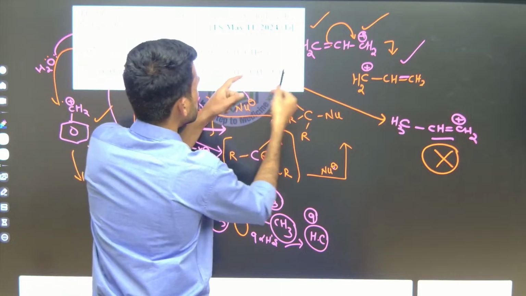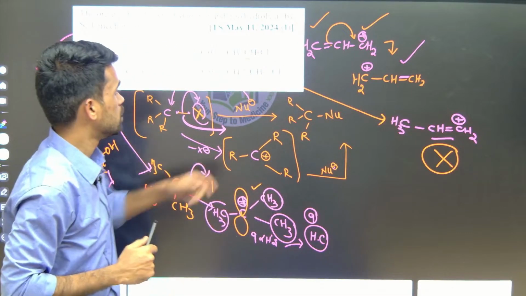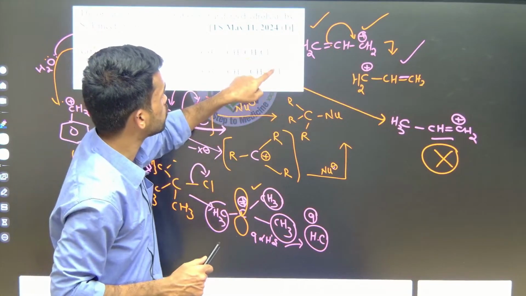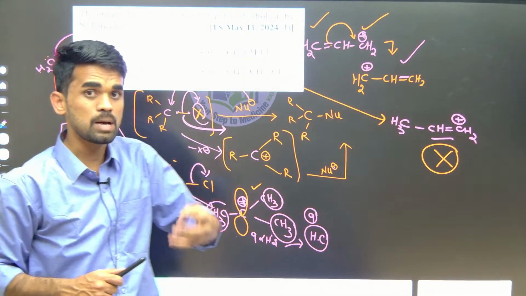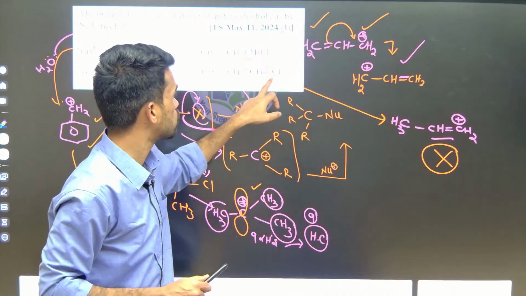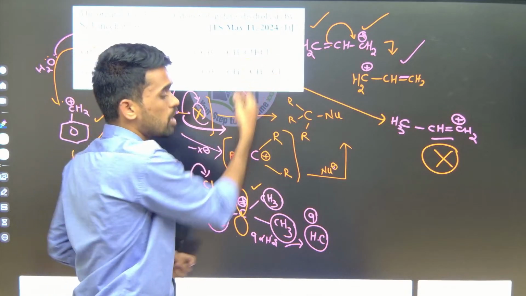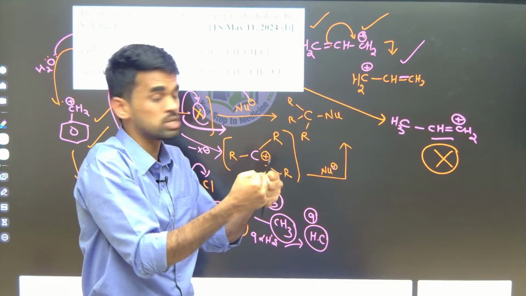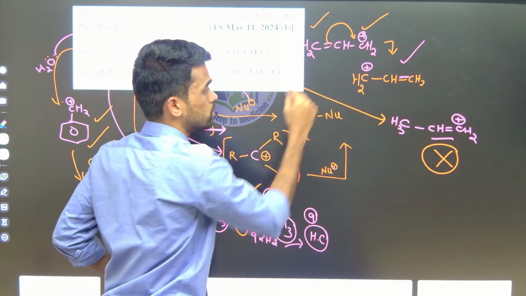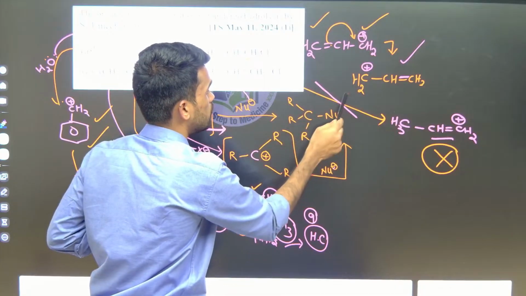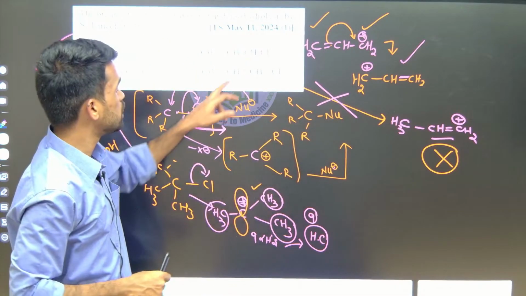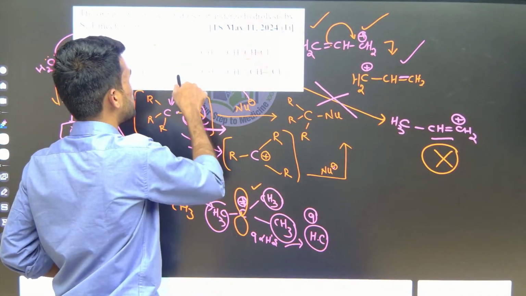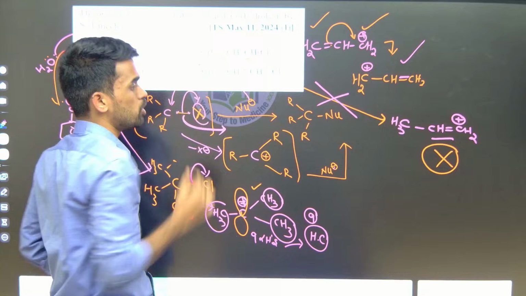So this is how resonance takes place. Initially there is only a single bond, but due to the conjugation, it is getting a double bond character between the carbon and chlorine. If a double bond is forming, the more bonds, the stronger the bond strength. So the chloride ion will not come out. It will not be involved in an SN1 reaction, so it will not undergo hydrolysis. So the perfect answer for the question is option D.